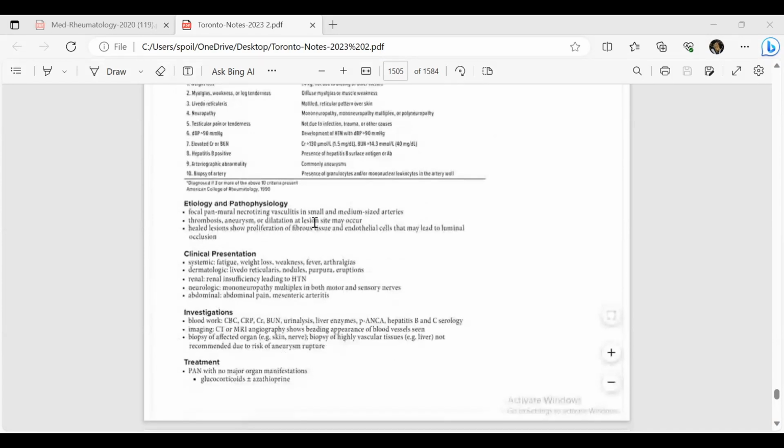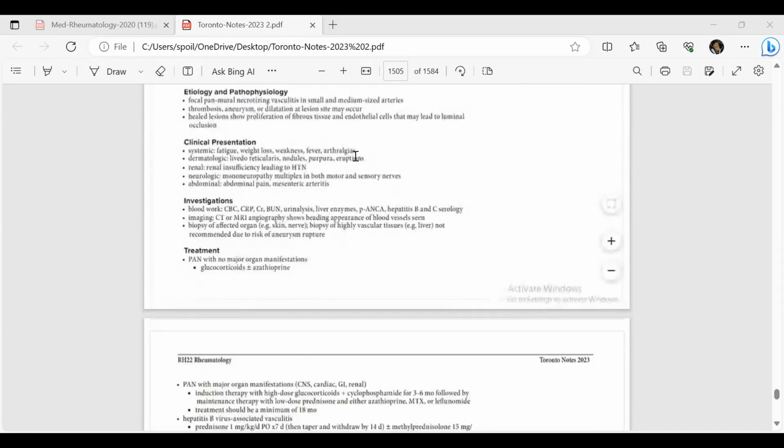It is caused by necrotizing vasculitis, thrombosis, and endothelial cells proliferating from the fibrous tissue, which causes luminal occlusion.